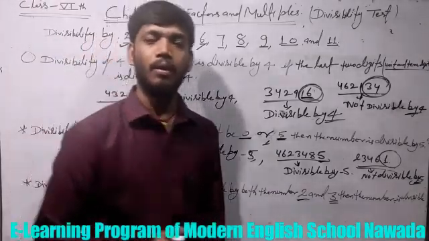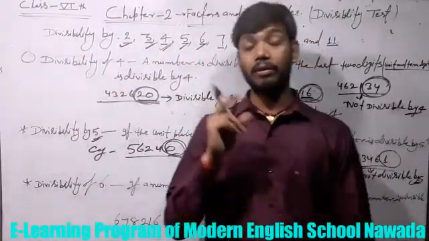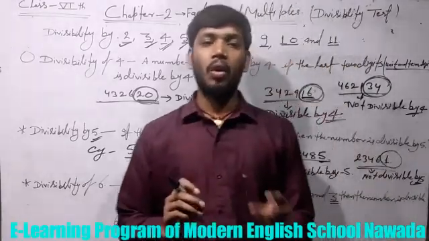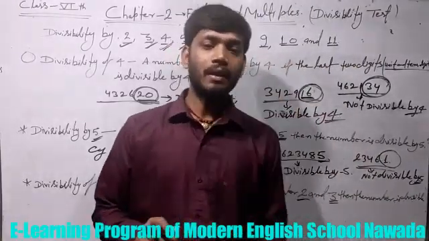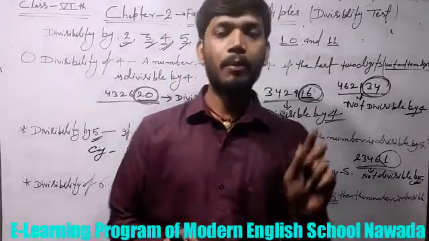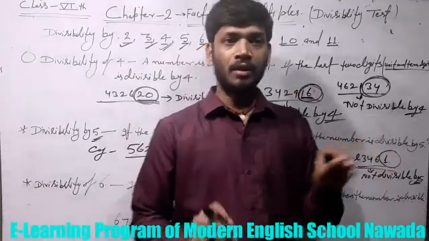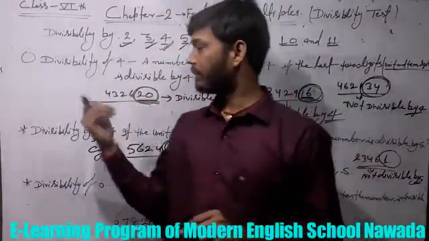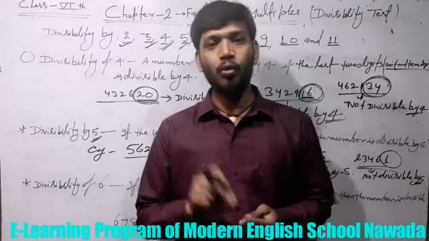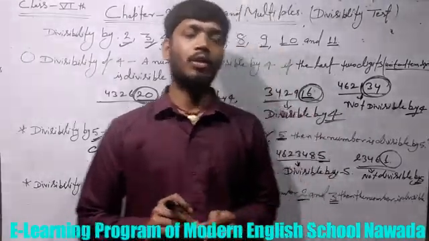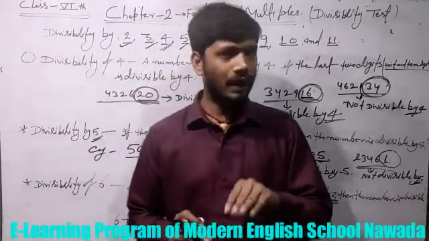That means, for checking the divisibility of 6, first check the divisibility of that number by 2 and 3, which you have already studied in the previous divisibility rules of 2 and 3. So here I do not have to discuss the divisibility of 2 and 3.